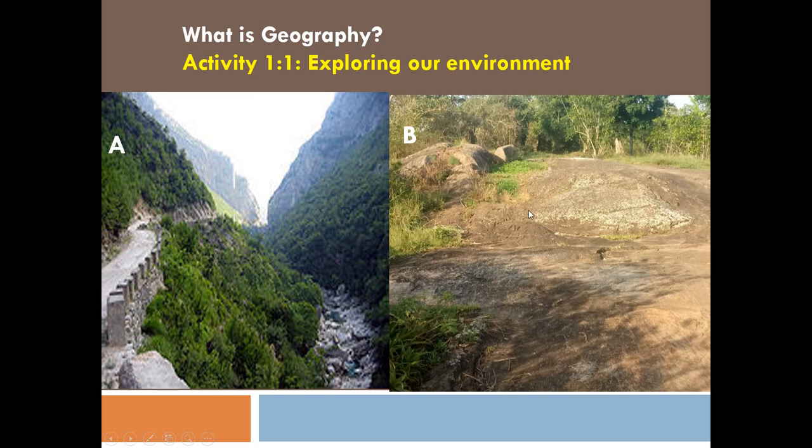Then in photograph B, we have another environment which could be familiar to your local area, where you have rock outcrops, exposed rocks, with still the trees, the forests, and the crops which are being grown in that area.